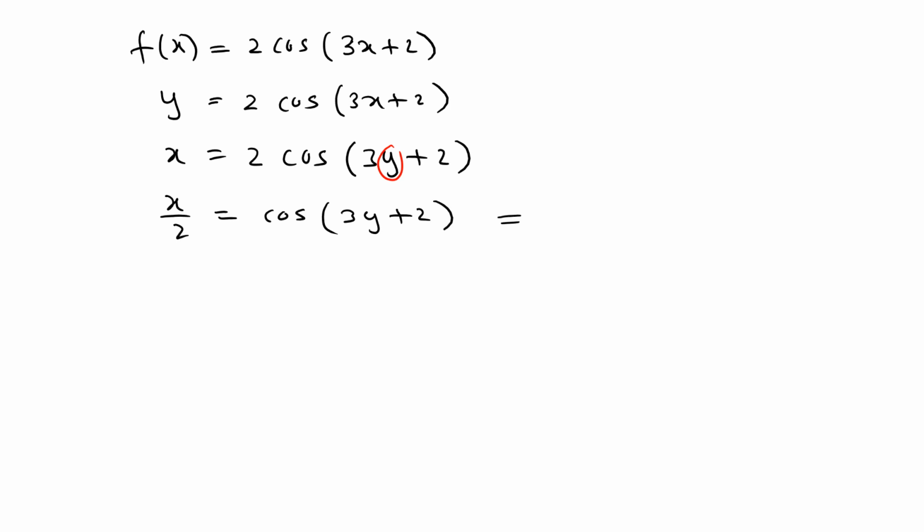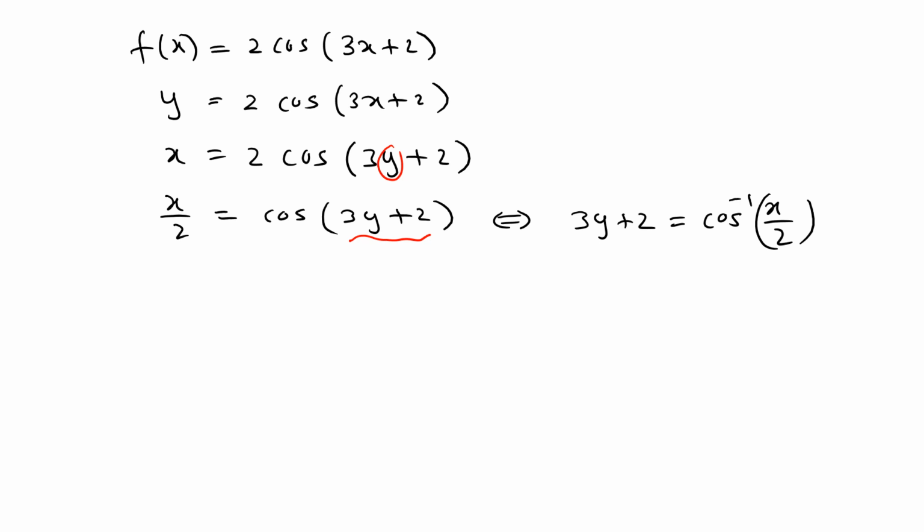Now we can use the definition of the inverse function. Once you isolate the cosine term, you can say that 3y plus 2 equals the cosine inverse of x over 2. Now we can solve for y.